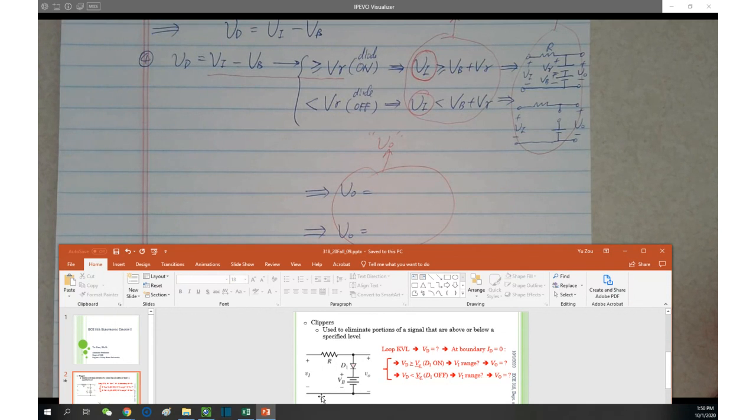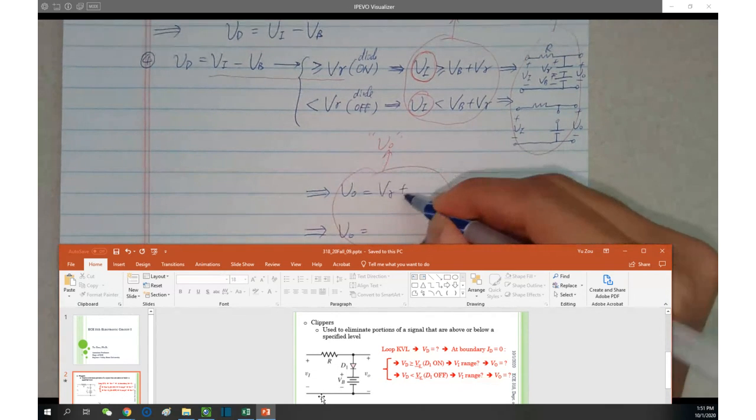Anyone? V gamma plus VB. V gamma plus VB. Good.